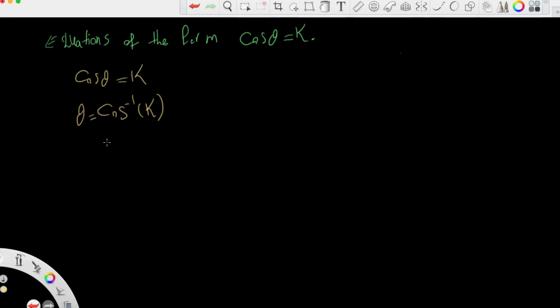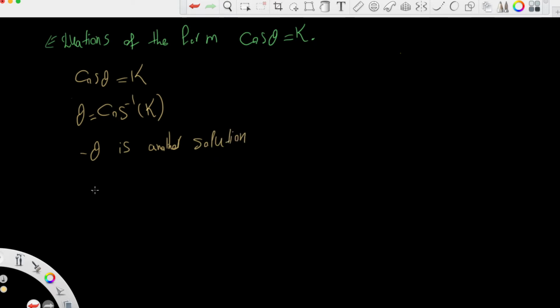Then we learned in the previous video that theta and negative theta, as they have the same x coordinate, will produce the same cosine ratio. So negative theta is another solution for this equation.